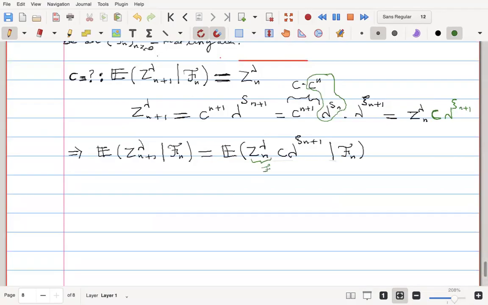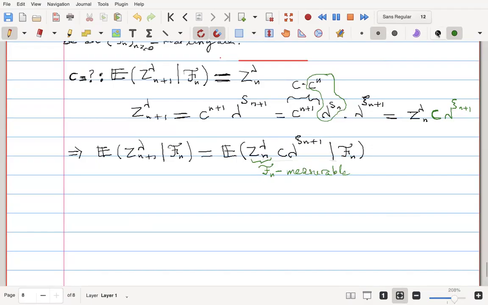So this comes from the fact that we assume that it's a martingale. So take out what is known. Obviously, even this C, we can take C out because C is a constant. It depends only on lambda. So this is deterministic. It's not a random variable. We can even take both out.